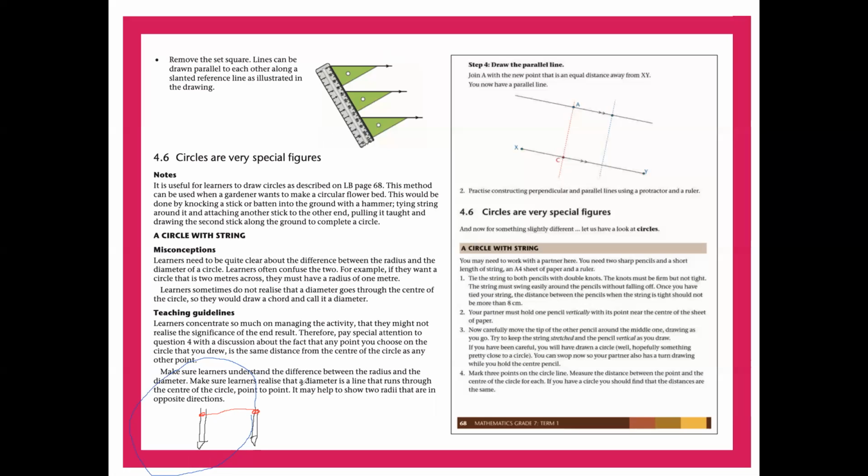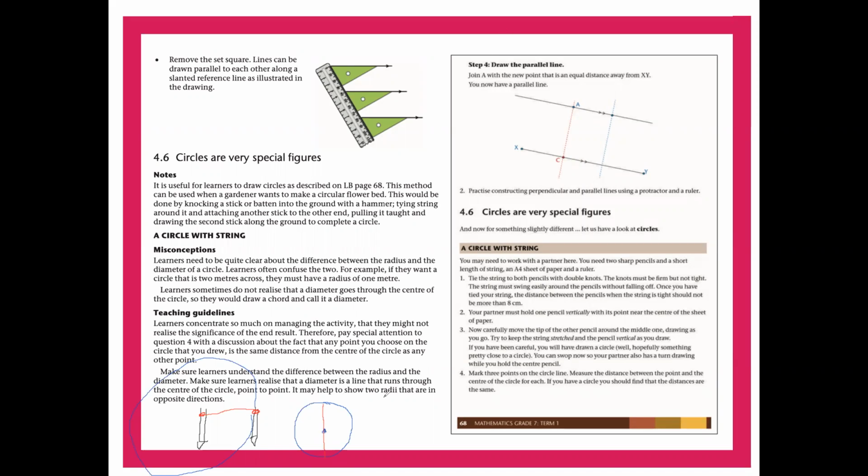And just to recap quickly some words for the parts of a circle. If this is the center of a circle, the circumference is the perimeter of the circle, so that is the distance around your circle. Going from one point of the circumference through the middle to another point in a straight line is called a diameter.